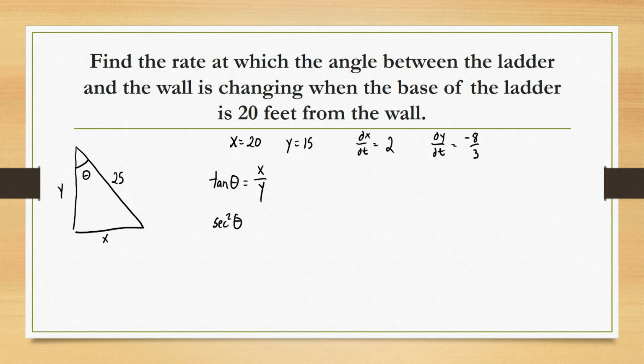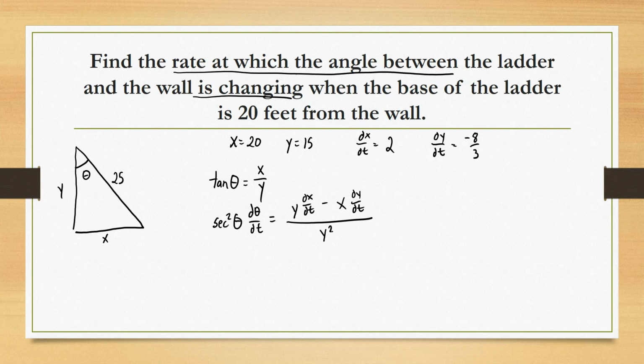But remember, this is not t, right? We're differentiating with respect to time. So we have to tack on that d theta/dt. And that's what we want, the rate at which the angle is changing, d theta/dt. So that's going to be equal to, now we do low d high minus high d low over low low.